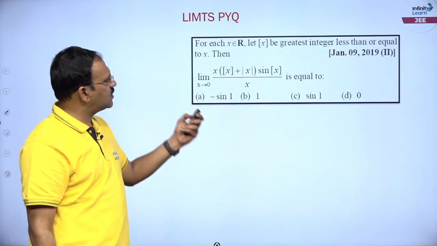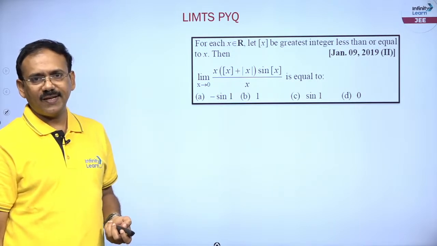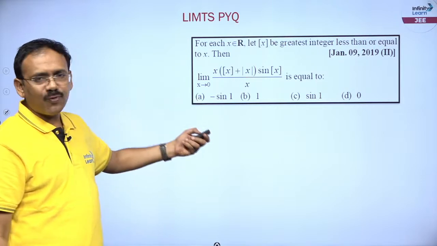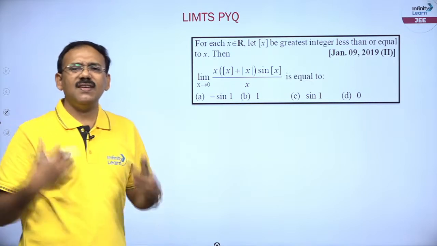So, friends, this is also of the same kind, hope you can comfortably do this, right. So, limit x tends to 0, whenever sign of step x is there, it is very easy.